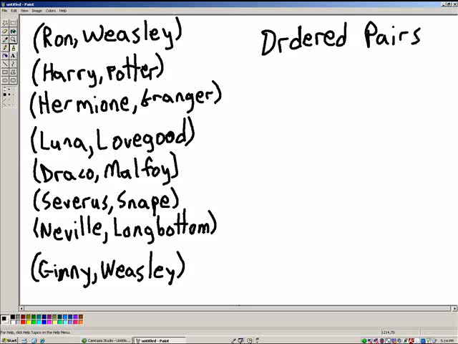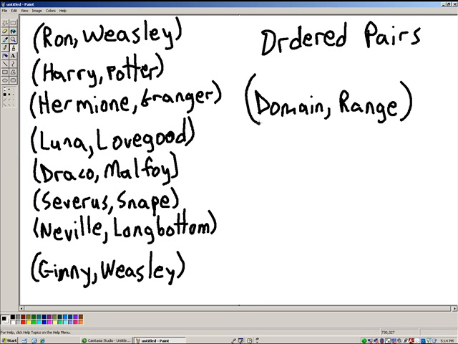It's not ordered in the sense that they are in any particular order, as in oldest to youngest or alphabetical or anything like that. They're ordered in the sense that the domain is given first, then the range is given second. So in this case, the domain is the first names, the range is the last names.